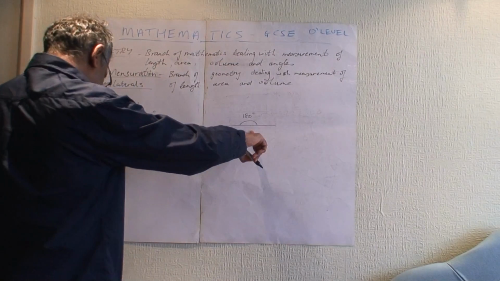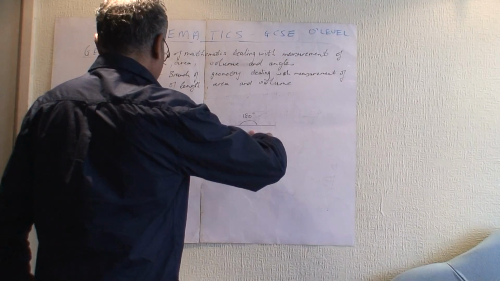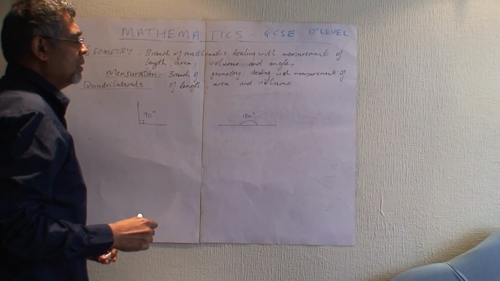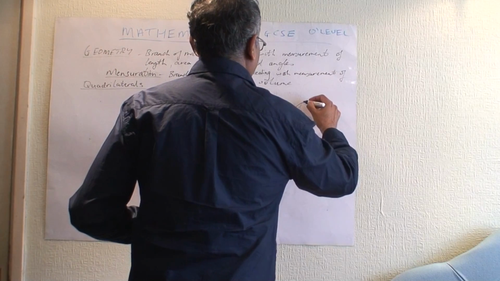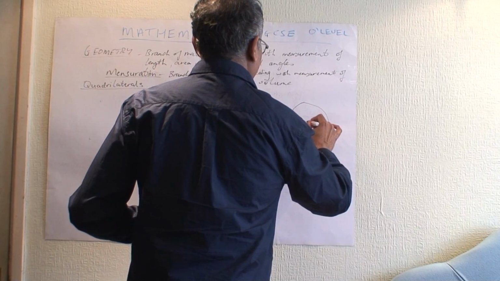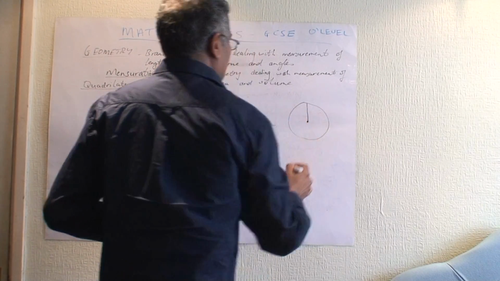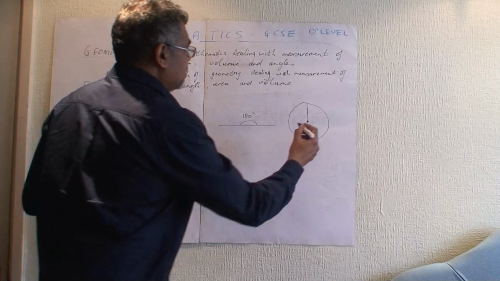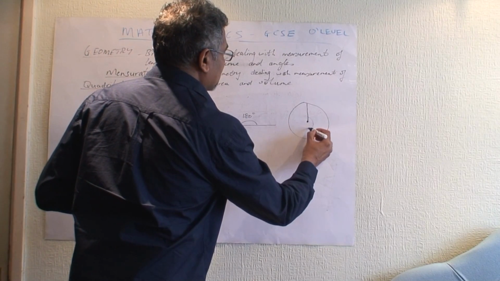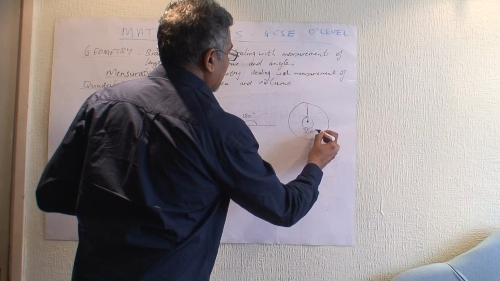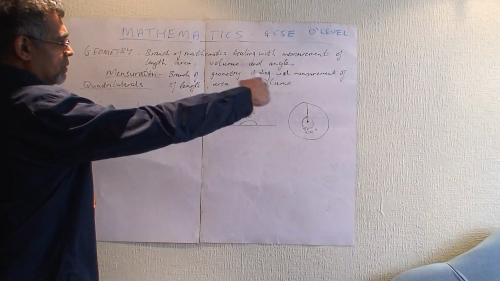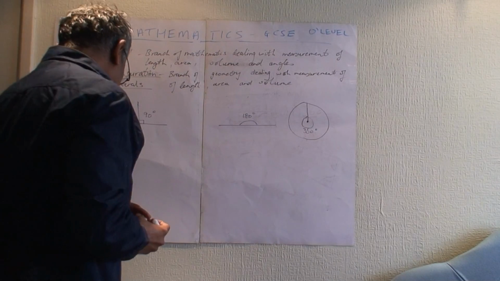And 360 degrees, if you have a circle, would be a full rotation around. The full rotation around is equal to 360 degrees.